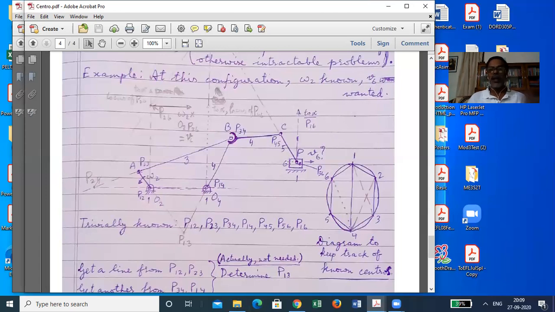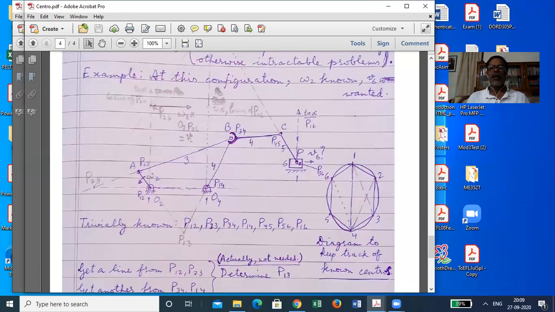And using Arnold-Kennedy three-center theorem, you can go on identifying and locating centros one by one. The location of some of them that you determine now will help in locating others later. You want to make this connection.